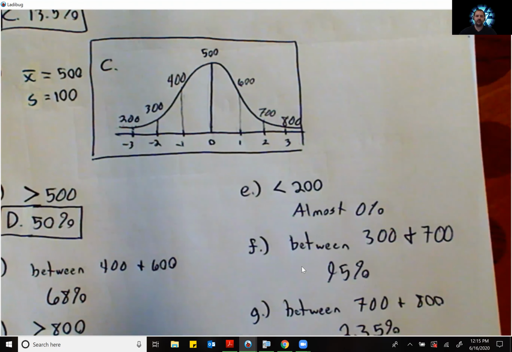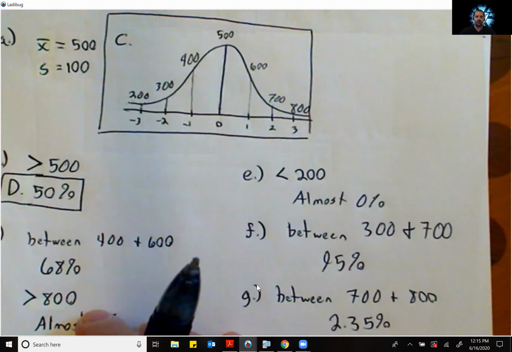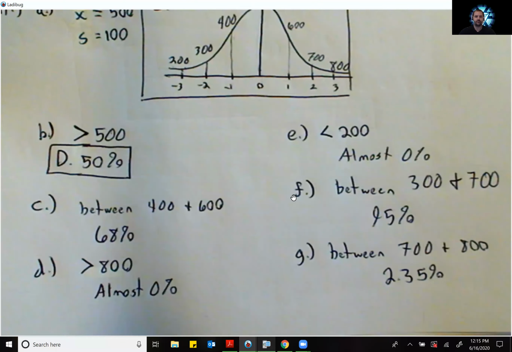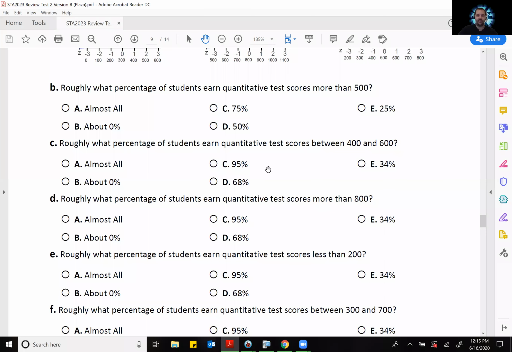All right, so let's go find out what the letters for these were. You guys told me on C that it was 68, so that's D. On D, you said that it was almost 0, so that was B. On E, you said it was almost 0 or about 0, so that was B as well. Probably should call this about 0, not almost 0.